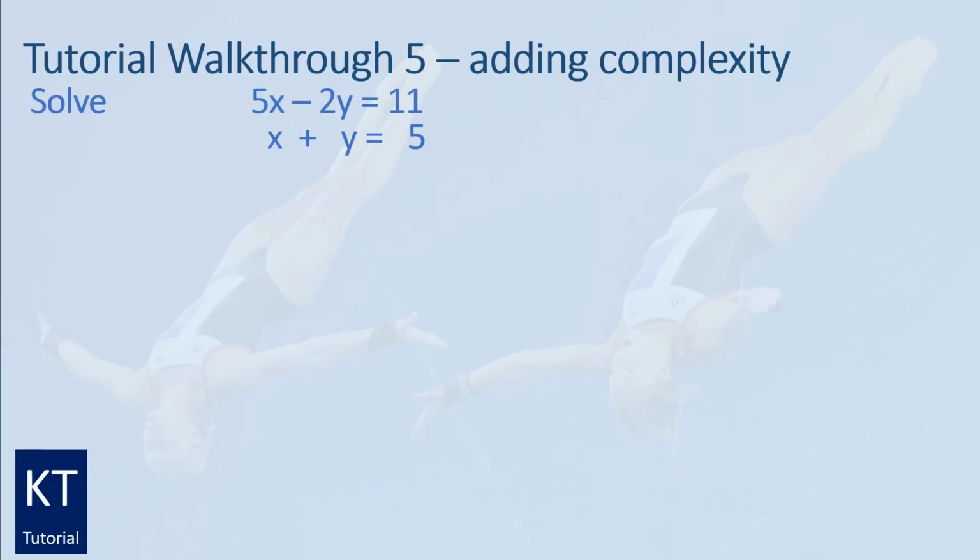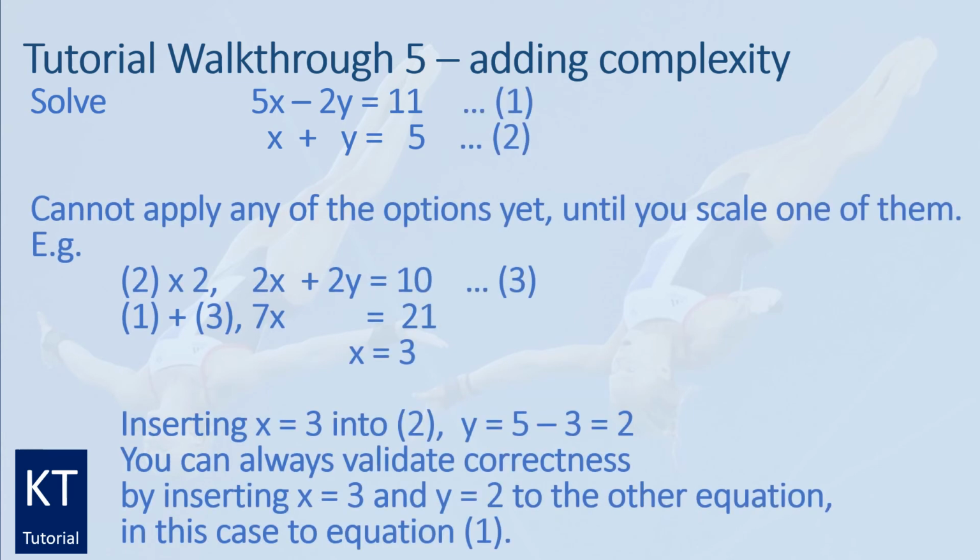Let's move on to tutorial walkthrough 5. Solve the given simultaneous equations. In this case, you cannot apply any of the options yet until you scale one of the equations. In the example, equation 2 is being scaled by 2 to form equation 3.